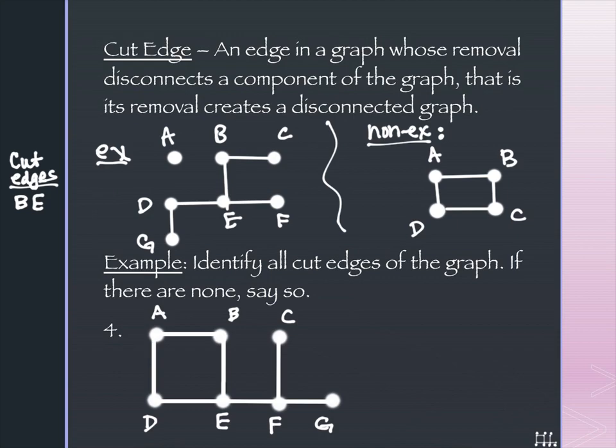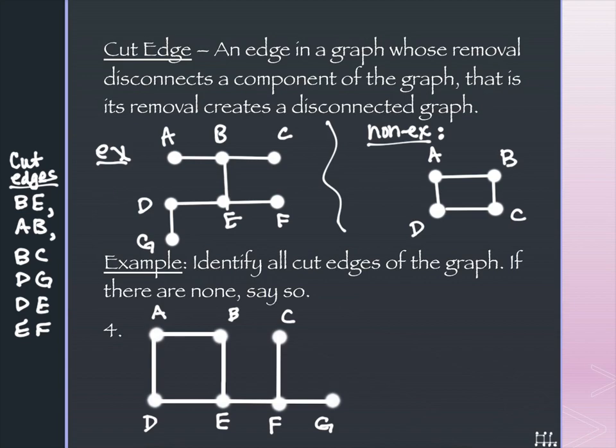Does that make sense? Okay, I'm going to put it back in now. So if AB is a cut edge with that kind of an idea, what other cut edges do you see? Yep, BC would be one. DG would be one. DE would be one. EF would be one.